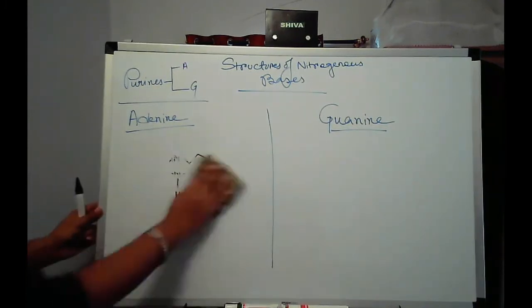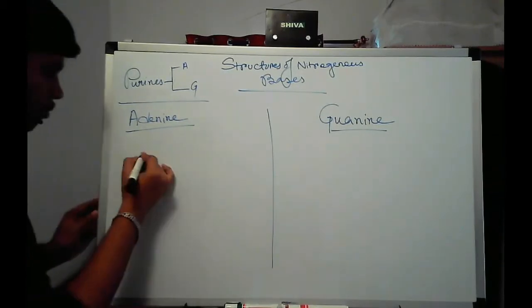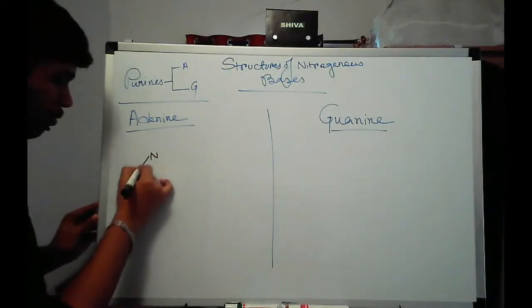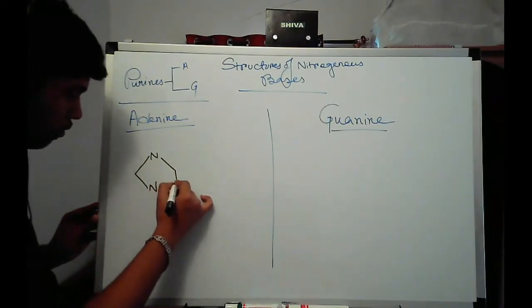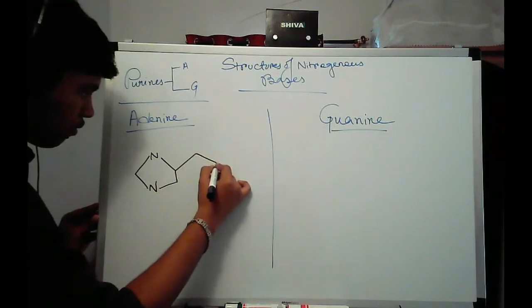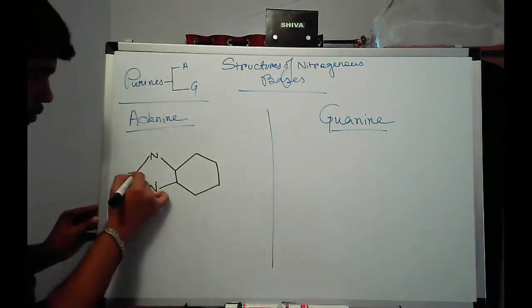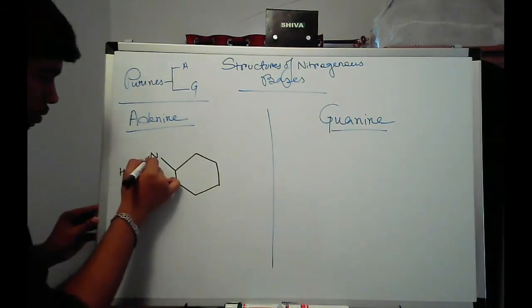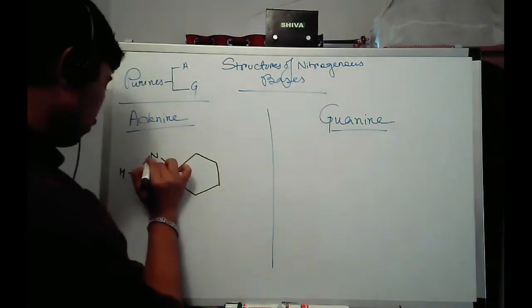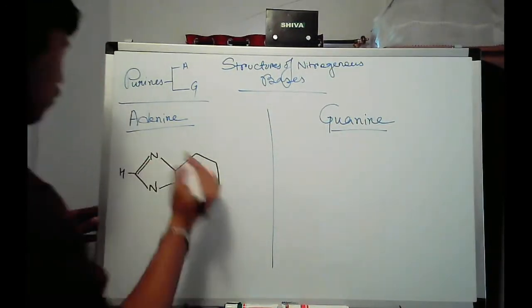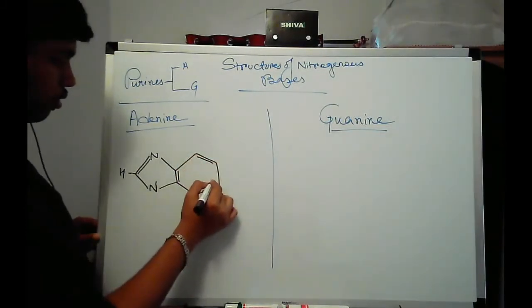Let's draw a bigger one. Double bond over here. Over here, normal benzene ring, double bond.